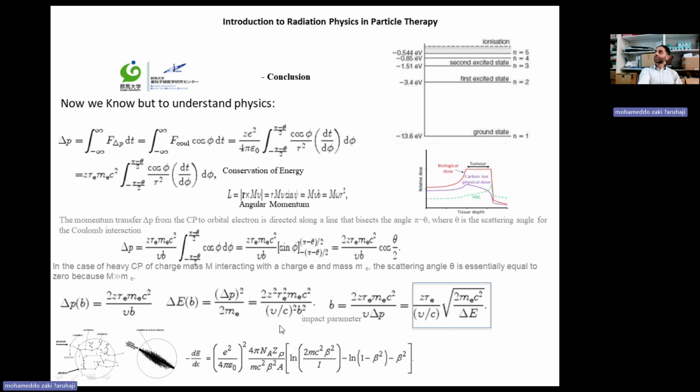For me to have this stopping power equation, I have to go through a lot of Coulomb force equations, and then angular momentum, and then the conservation of energy, where mass and energy are the same, with many different equations.